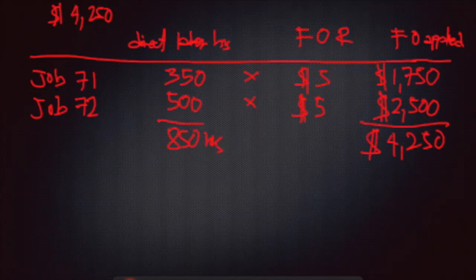So the applied overhead is posted to each job cost sheet. Now the journal entry to apply factory overhead increases or debits work in process and credits factory overhead. So this journal entry to apply overhead to jobs 71 and 72 is as follows.